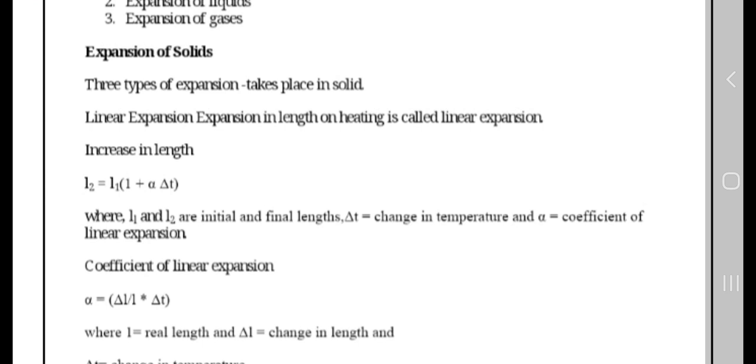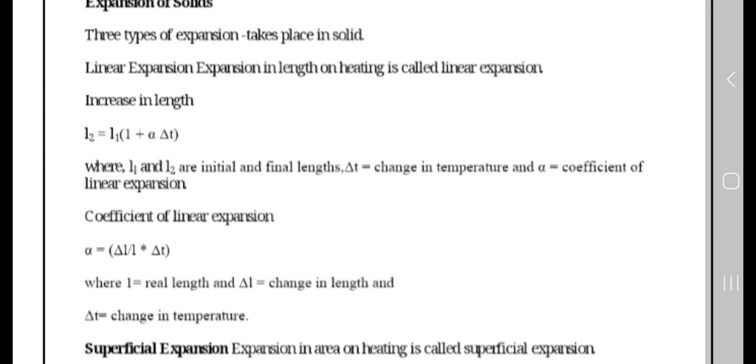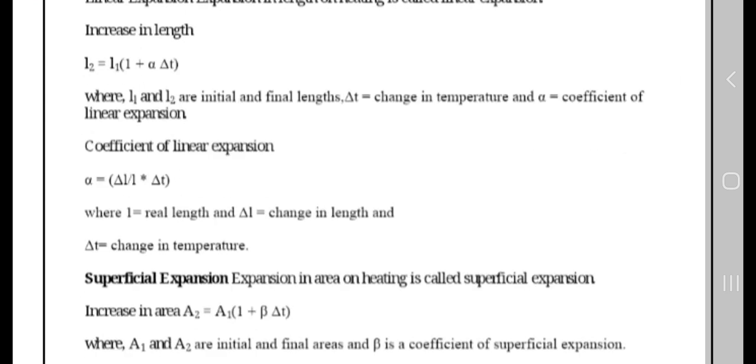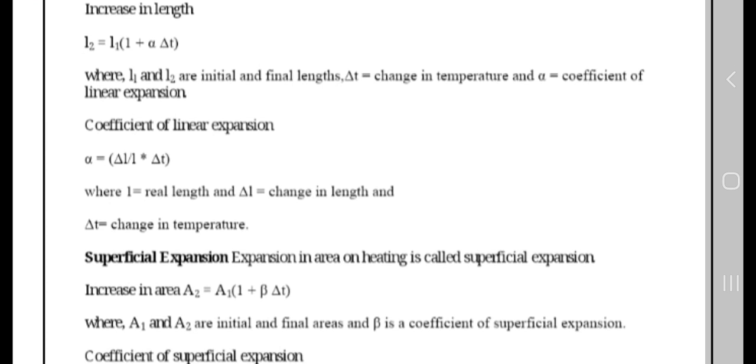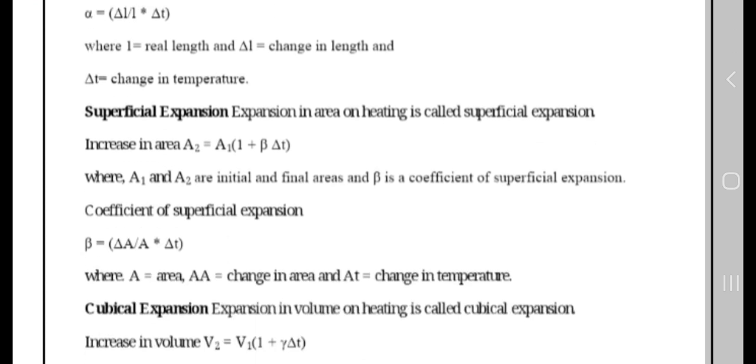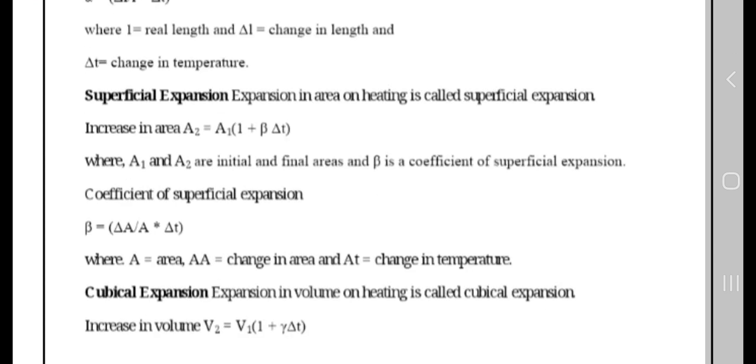The increased length is L2 = L1(1 + α ΔT), so α = ΔL / (L ΔT), where L is the original length, ΔL is the change in length and ΔT is the change in temperature.